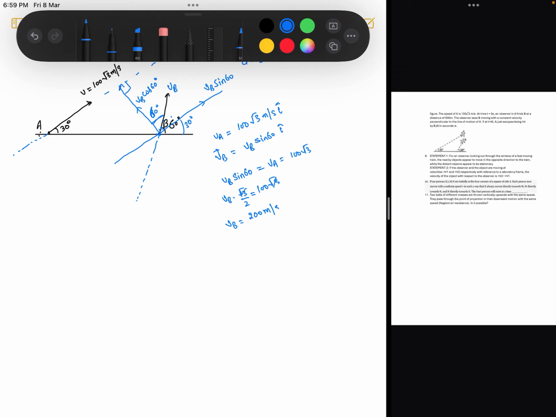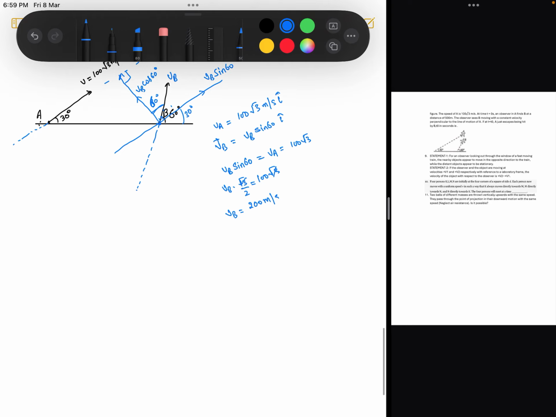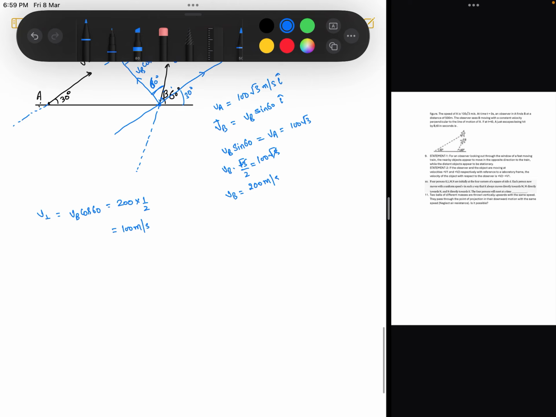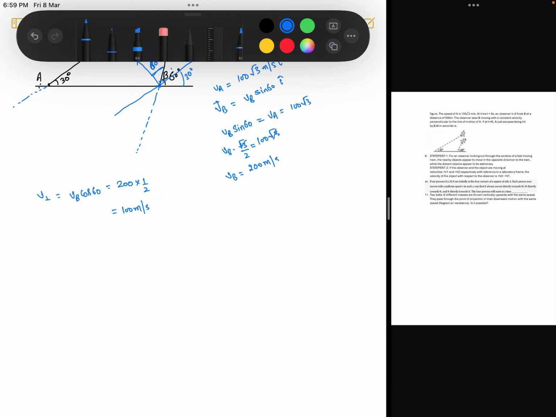So now we can write the velocity perpendicular to the line of motion, that is VB cos 60, so V perpendicular is equal to 200 multiplied by 1 by 2, that is equal to 100 meter per second. It is given that the distance between the two particles at this instant is 500 meters.